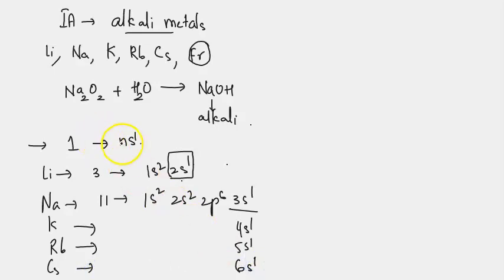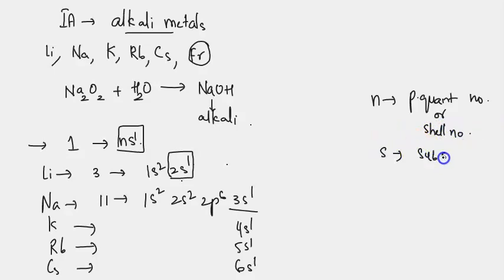So the general electronic configuration is given as ns1, where n indicates the principal quantum number or the shell number, whereas s indicates the subshell and this 1 indicates the valence electrons.